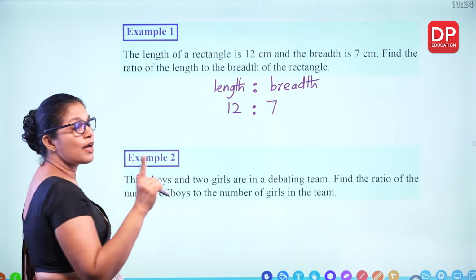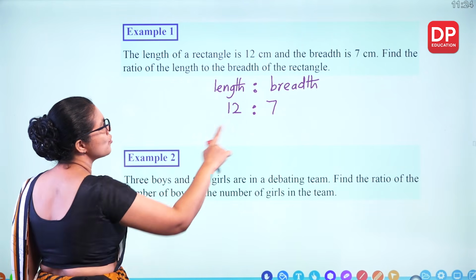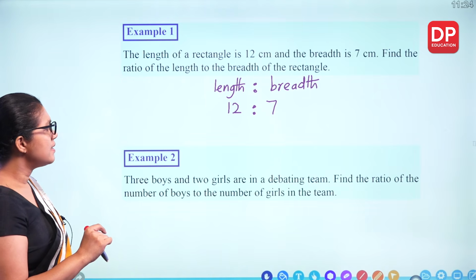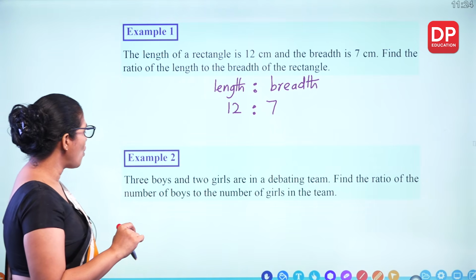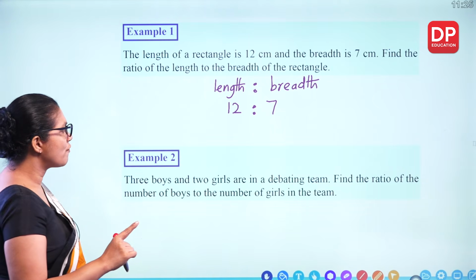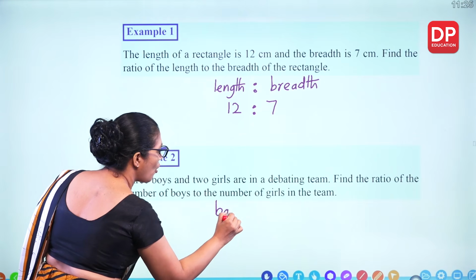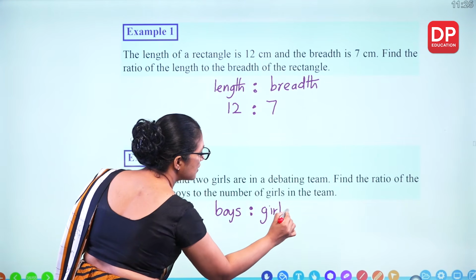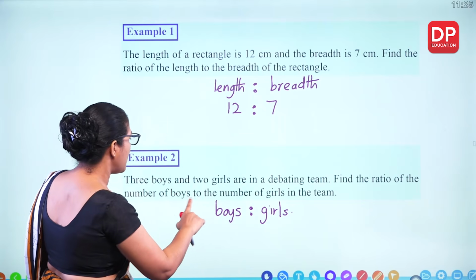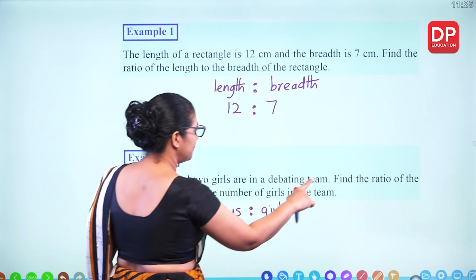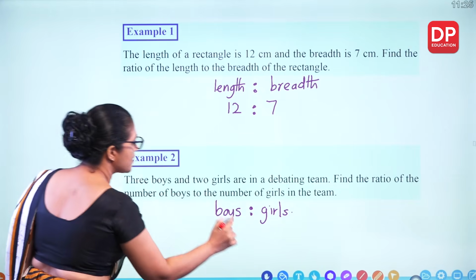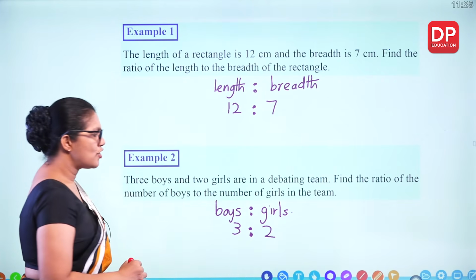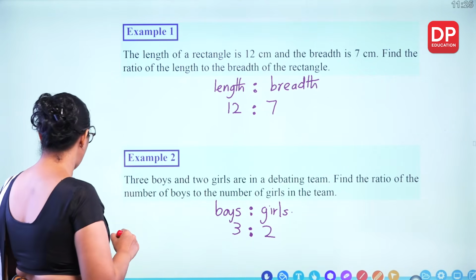You don't need to write down the units. So 12 to 7. 3 boys and 2 girls are in a debating team. Find the ratio of the number of boys to number of girls. So boys to girls. How many boys are there? 3 boys and 2 girls. So what's the ratio? 3 to 2.